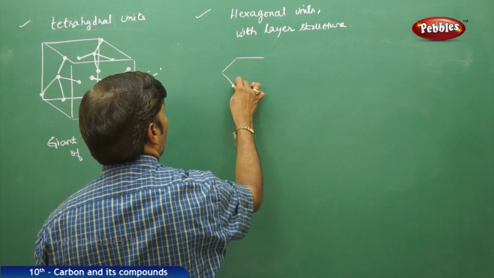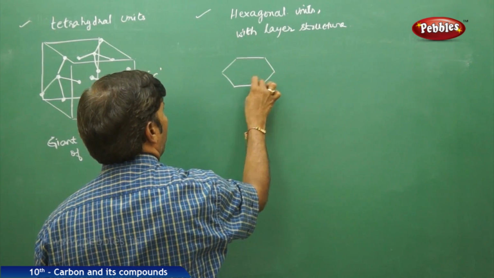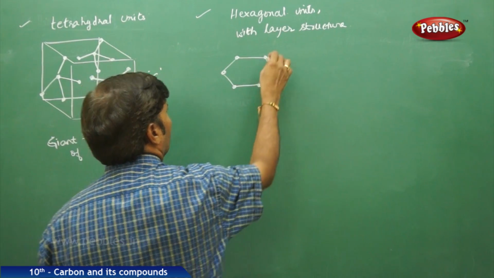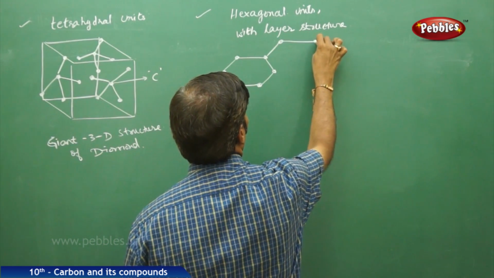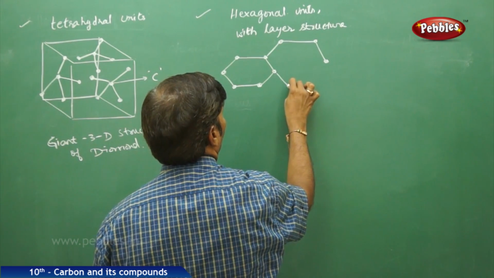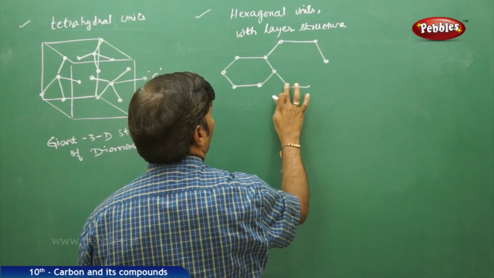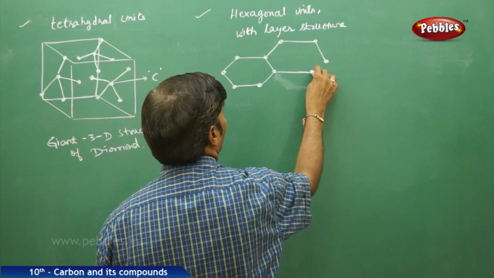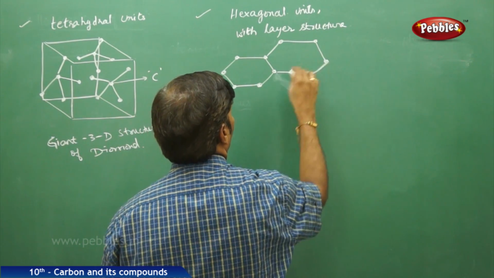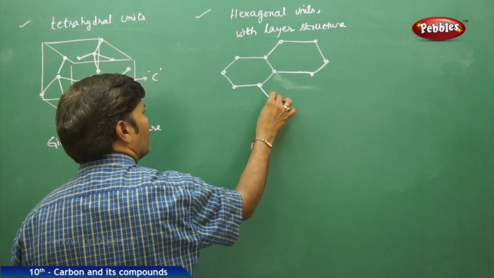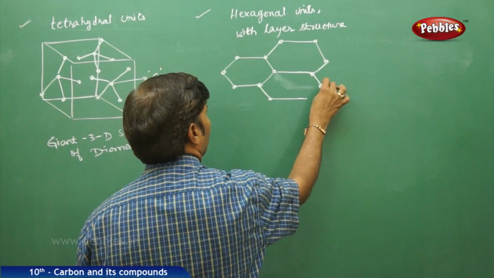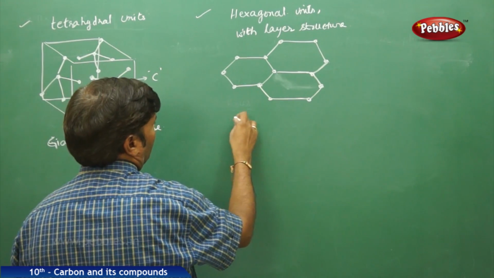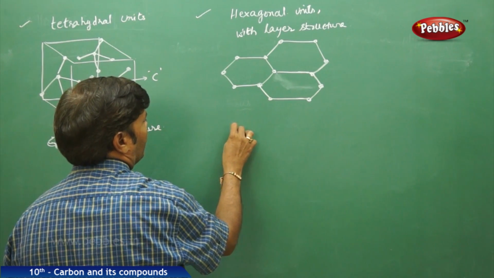Suppose if I take, these are the hexagonal units of the graphite. So here you can take one more hexagonal unit like this.